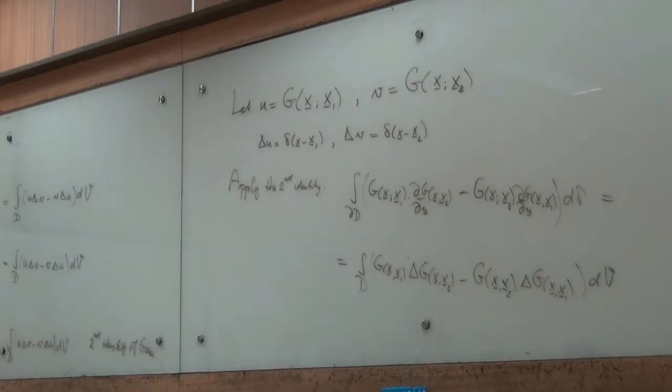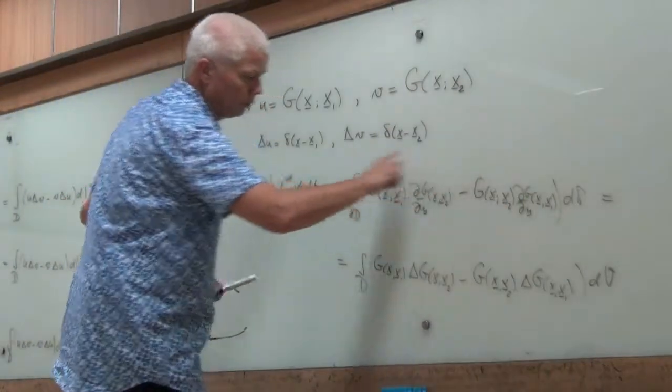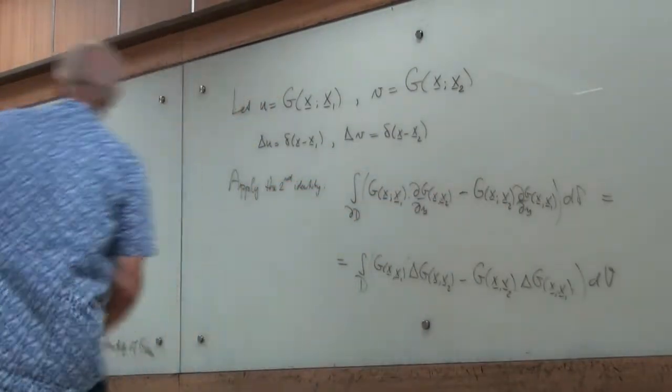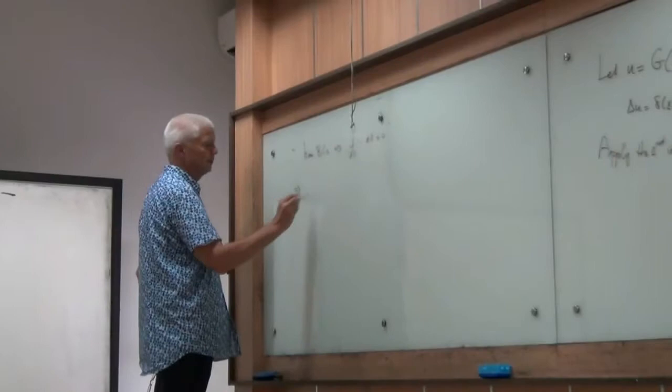I always have homogeneous boundary conditions for my G. So this integral on the boundary will always be 0. That integral is 0.